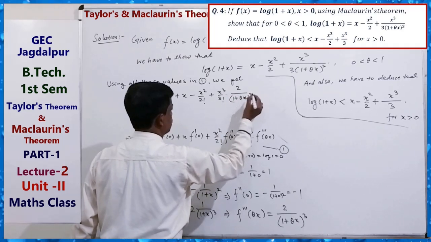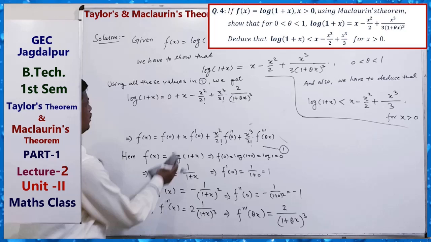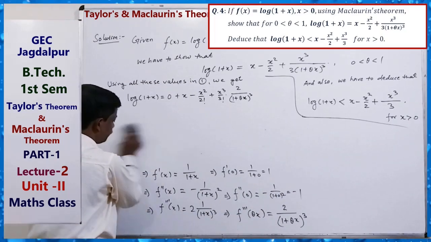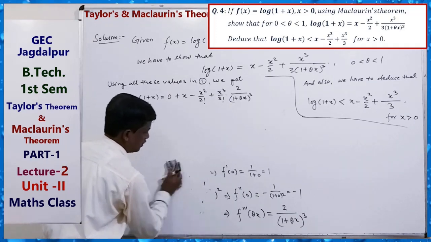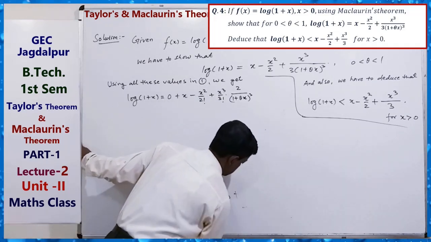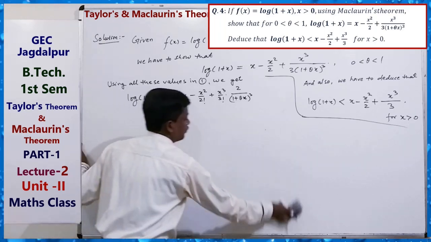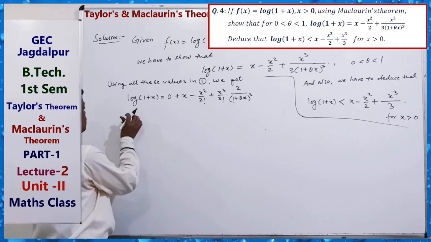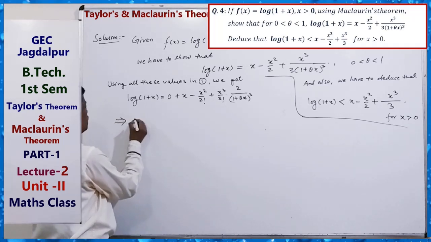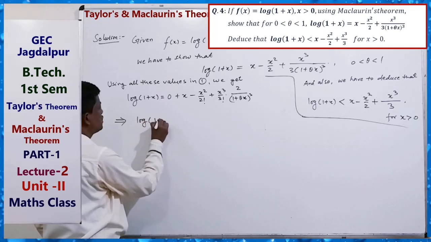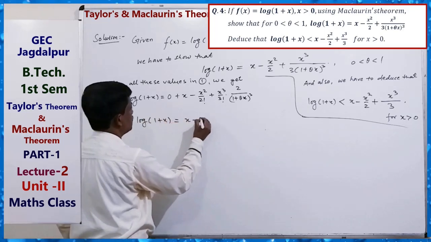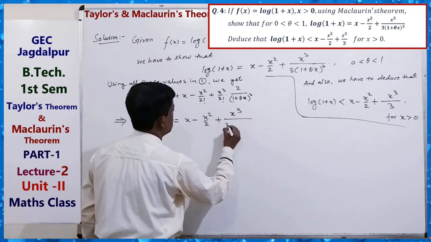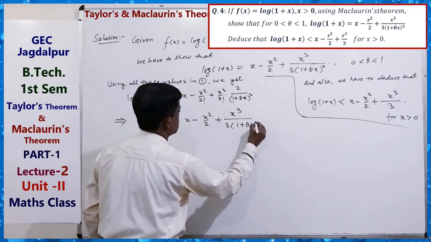This implies log(1 plus x) equals x minus x square by 2 plus x cube by 3 (1 plus theta x) cube.